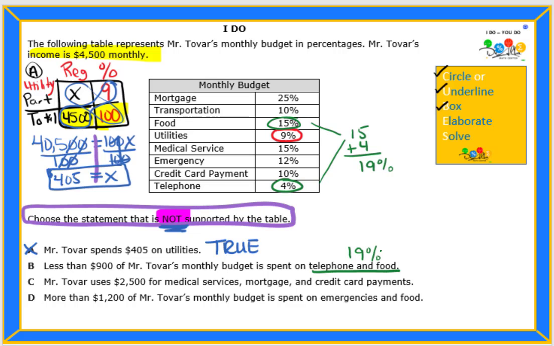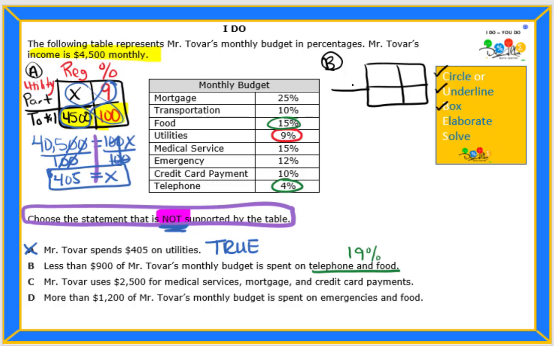And we're going to turn that into a percent box. Let's go ahead and write that here. So we have our part and total. And remember that the part that they want this time is for telephone and food.